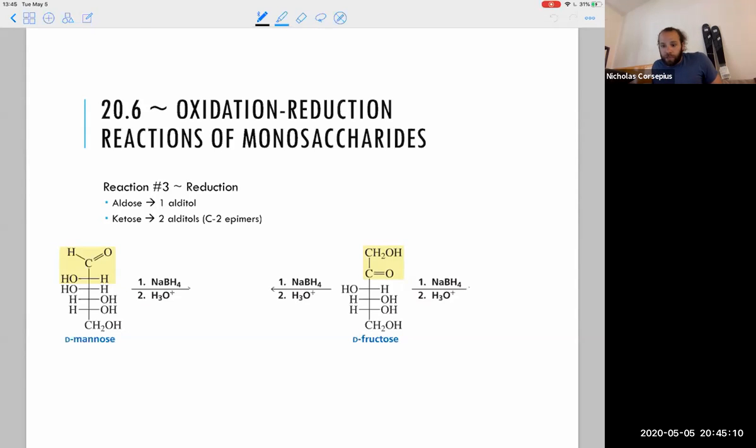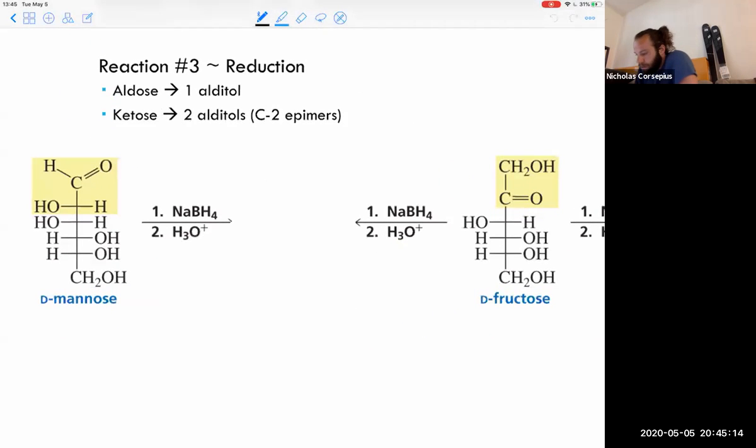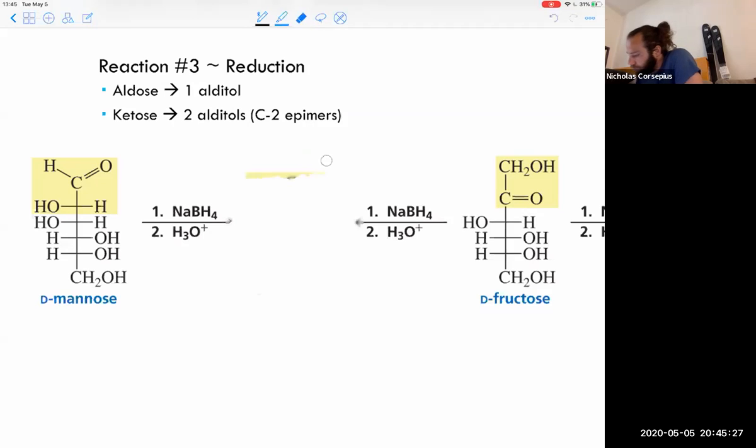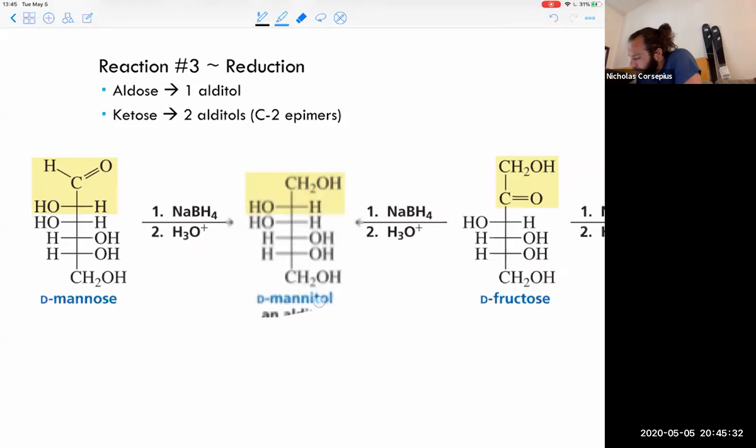Other reactions we've seen before. What's going to happen when I take an aldose and I toss in some sodium borohydride? You get a primary alcohol. Yep, so this will just reduce that first carbon to an alcohol.